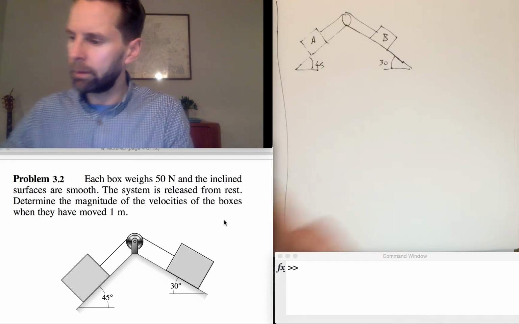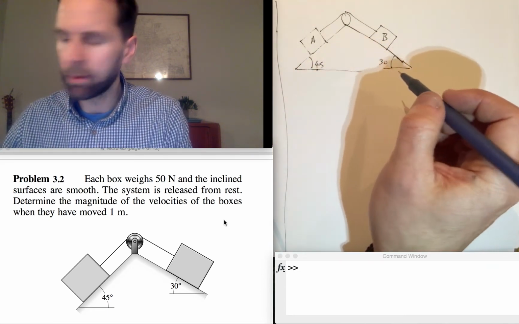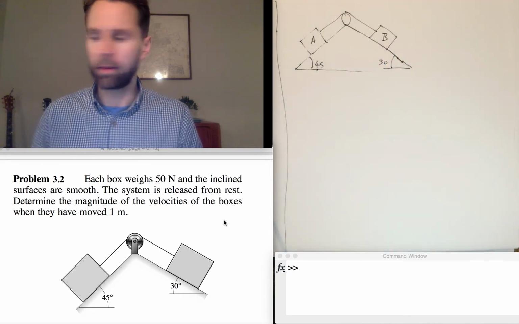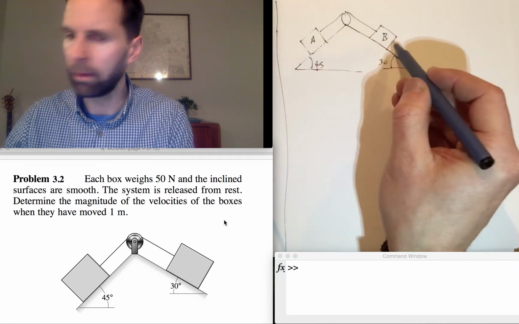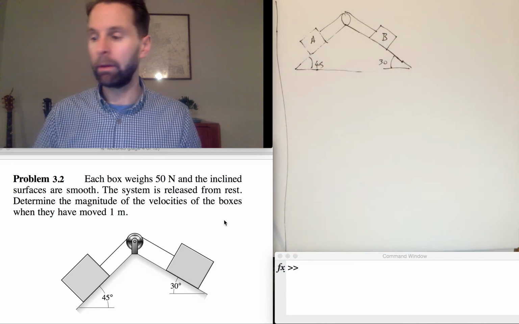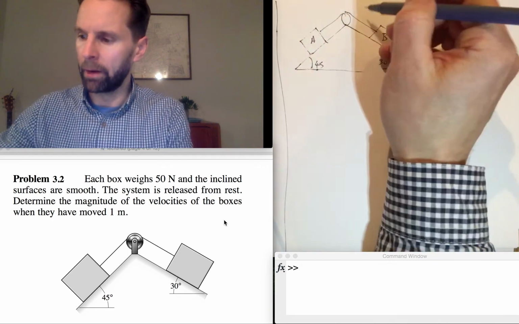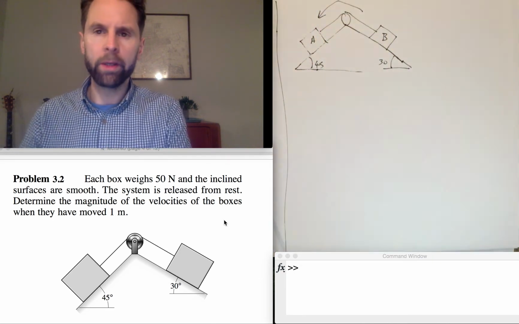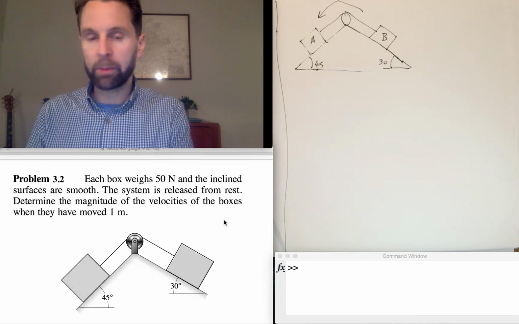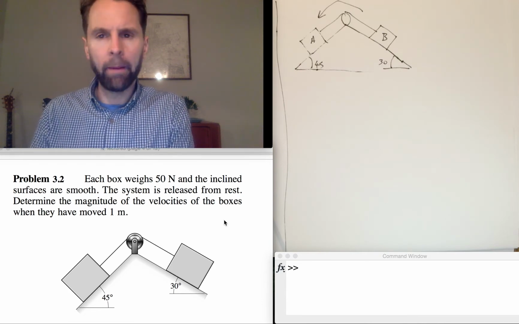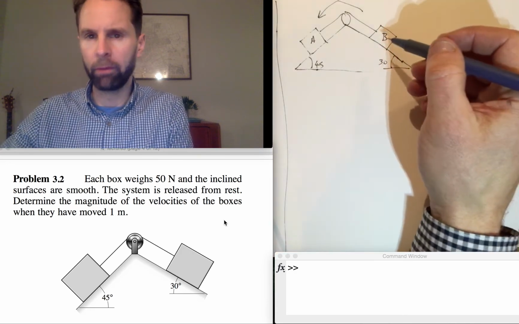The question asks, after these boxes are released from rest, they're not necessarily at the same height, by the way, what is the speed of the boxes after they've fallen a meter?